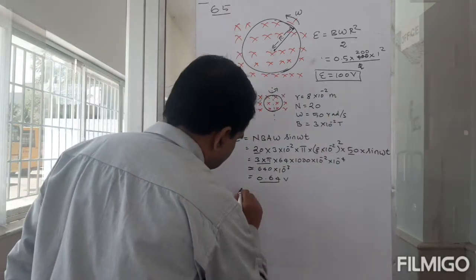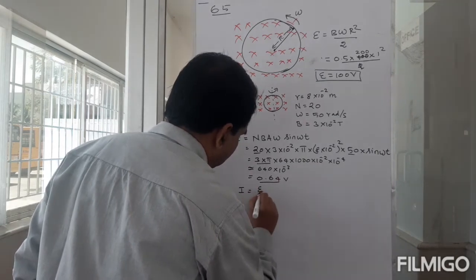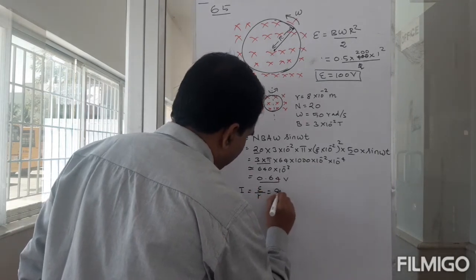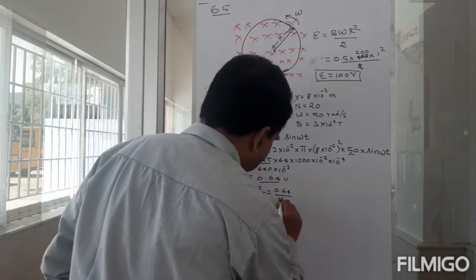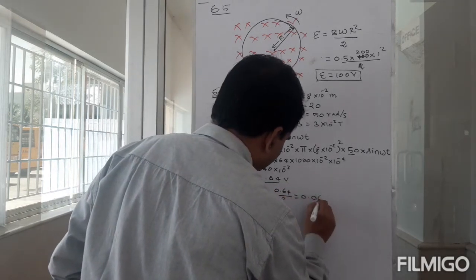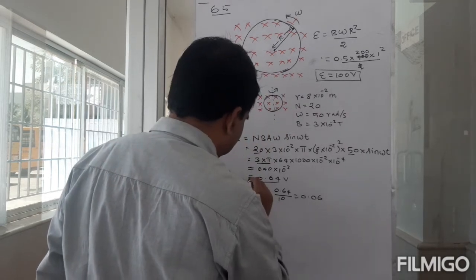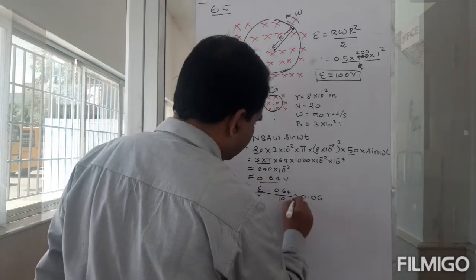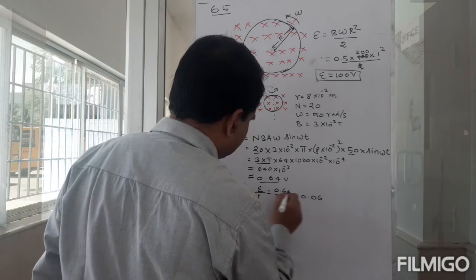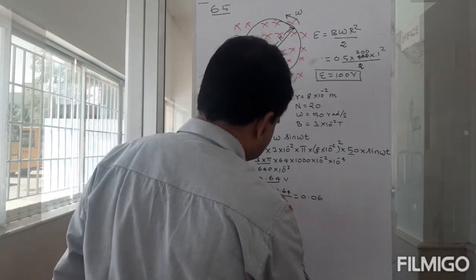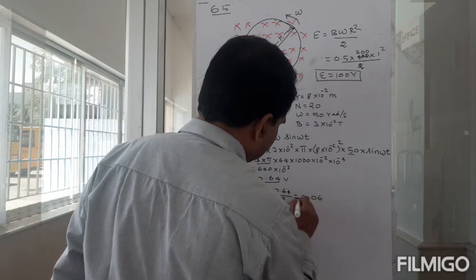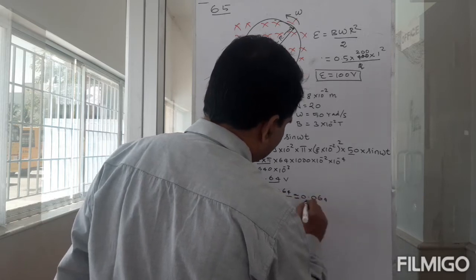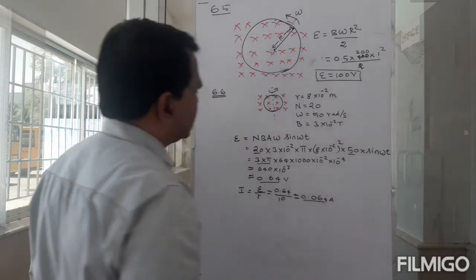So the current can be given as EMF by R, so 0.64 divided by 10 ohms will give you approximately 0.06 amperes. Okay, this is all approximate. So that's the current response.